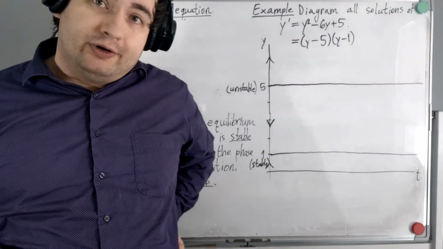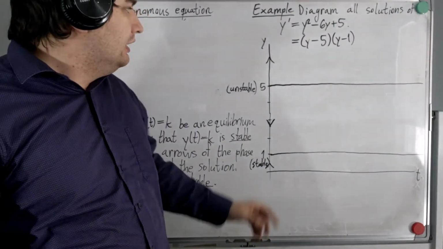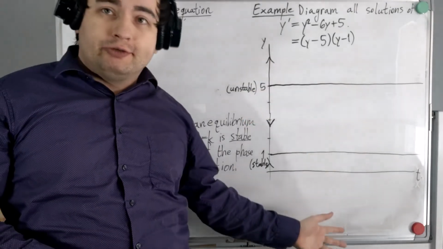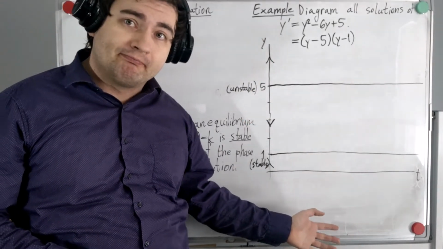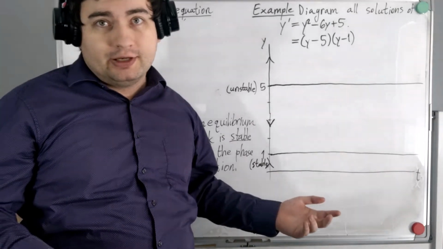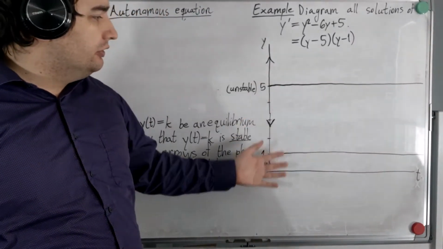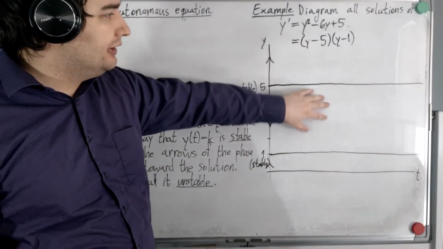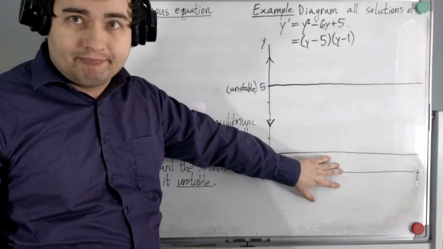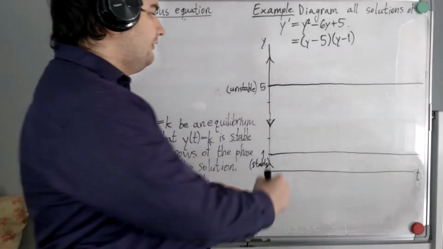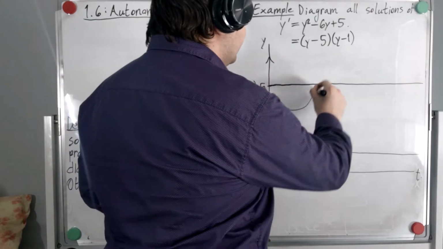By Picard's theorem, none of the solution curves will cross. What that means is that these equilibrium solutions have partitioned the plane into sections. You can't have a solution curve going from one section to the other.